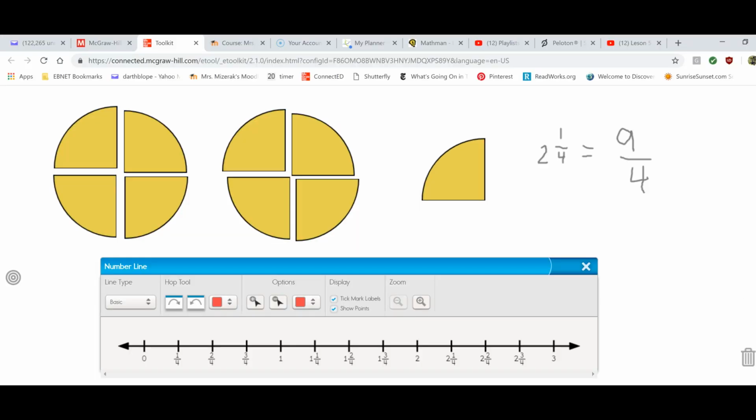And let's look at that on a number line. 2 wholes and 1/4 can decompose into 9/4. This is a fraction greater than 1.